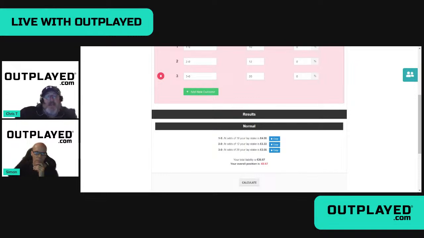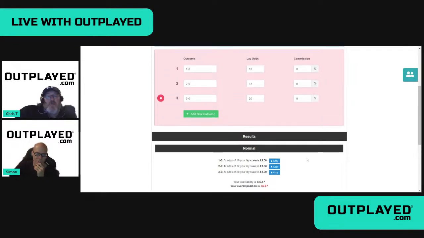So it would take the highest liability that's needed to cover any of those, which ironically would be the 10 and the 20, but work out exactly the same. So you'd have just one lot of liability being used. Your overall position for that would be 67p.